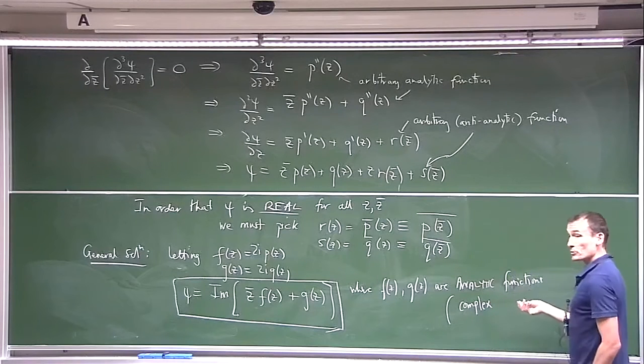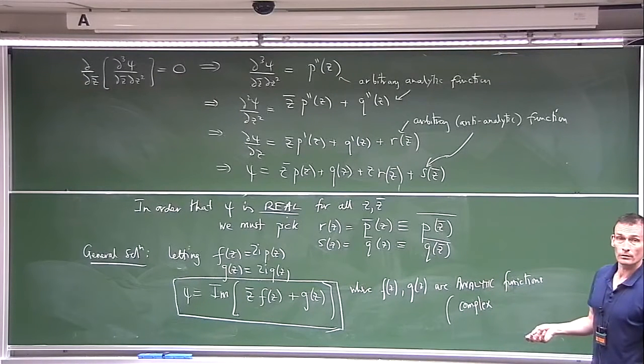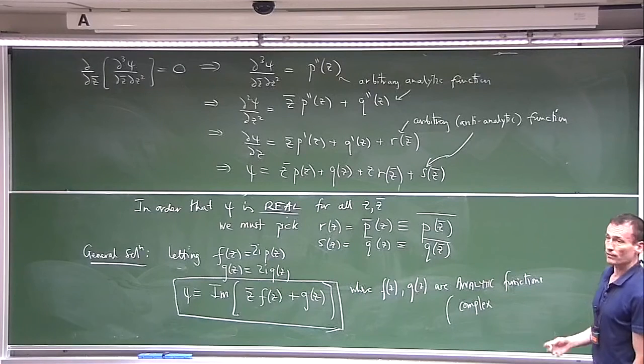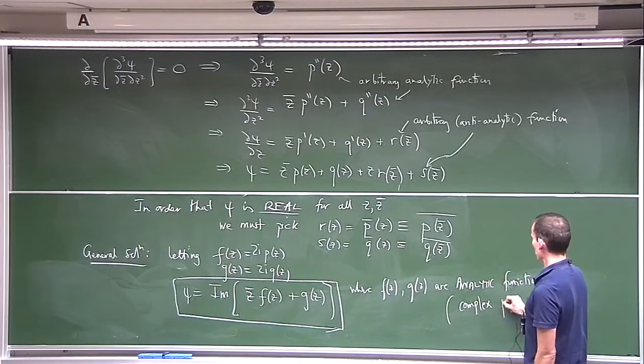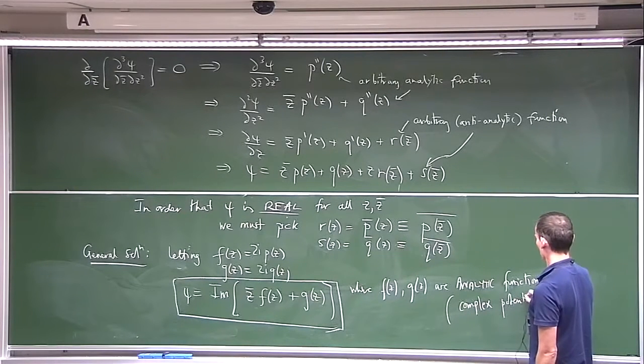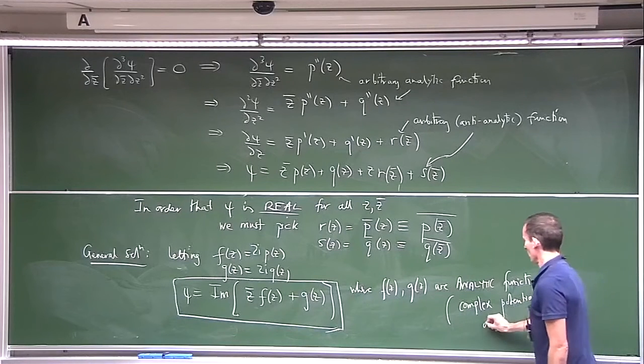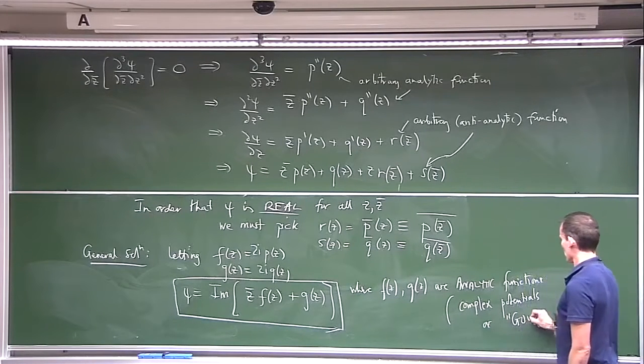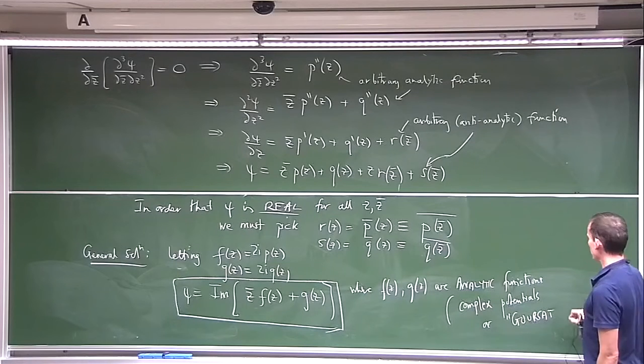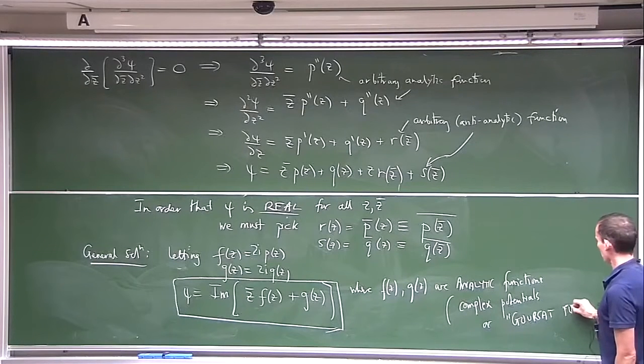F and G are the things we're going to be dealing with for the rest of the course. The rest of the course is all about how you find F and G. So these are complex potentials, or as I mentioned on Tuesday, from the plane elasticity literature, people call these Goursat functions.